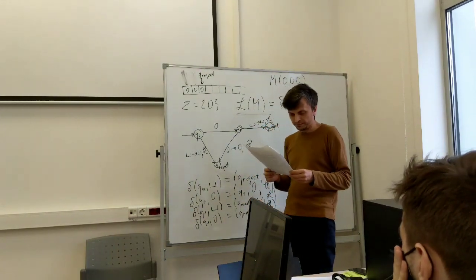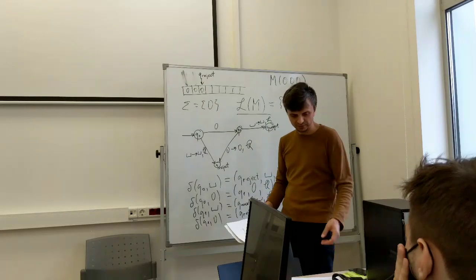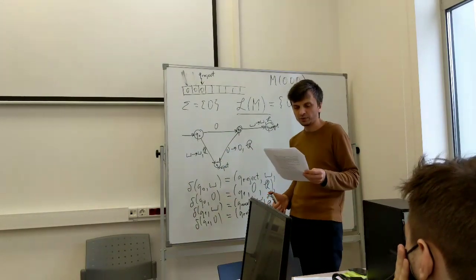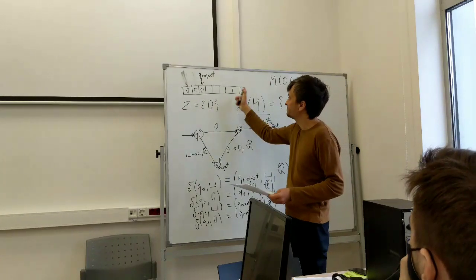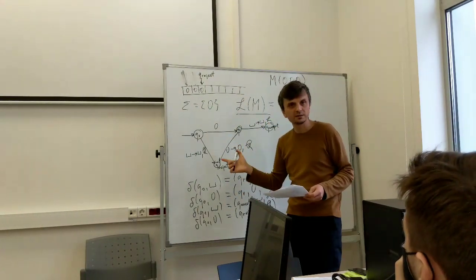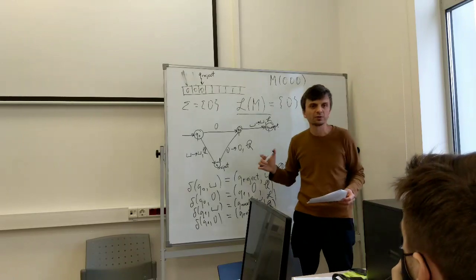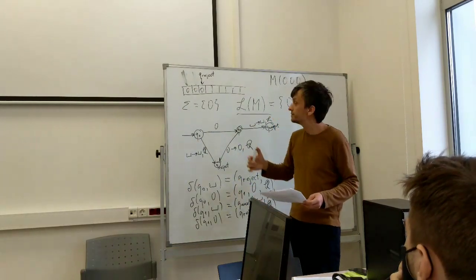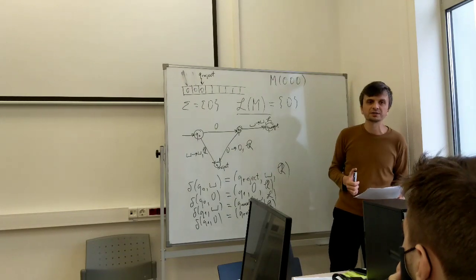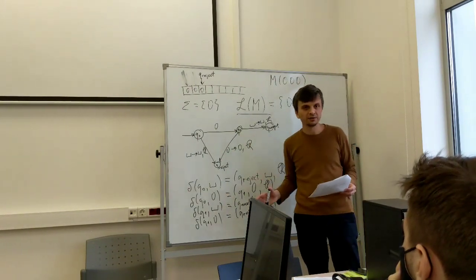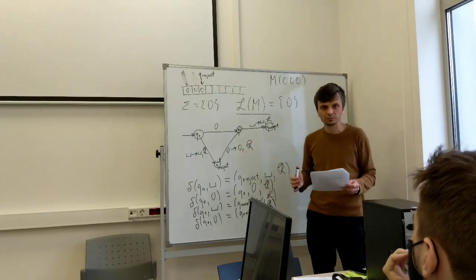What should I say about Turing machines? So this tape is read-write, so you can read symbols from it, but you can also write symbols on it. Unlike, for example, finite automata, where you can't write anything, you just read the input.